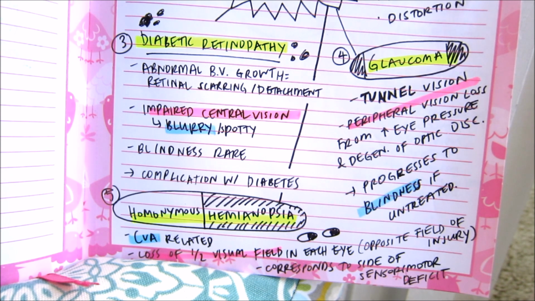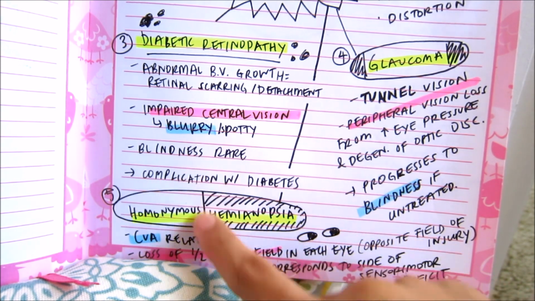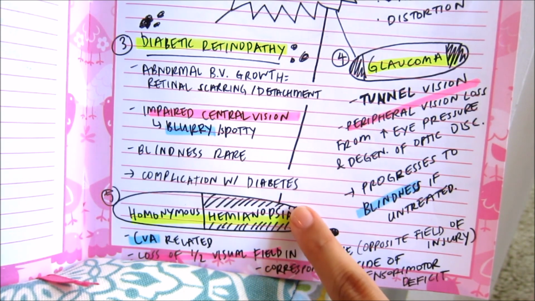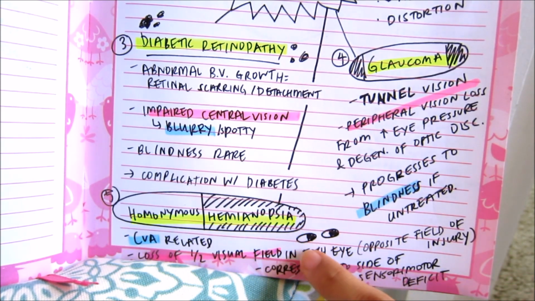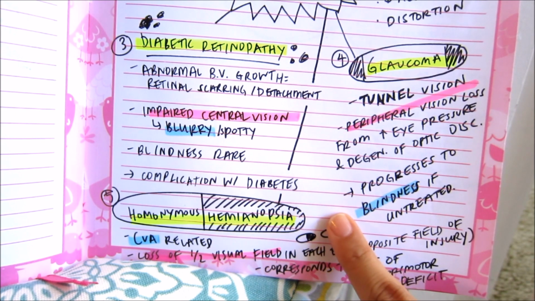And you would have a loss of half your visual field in each eye, which is the opposite field of injury. So it corresponds to the side of the sensory motor deficit. That's the reason I drew it like this. So this is like you lose half of the field of vision here. 2 eyes, same side, you lose half the vision.